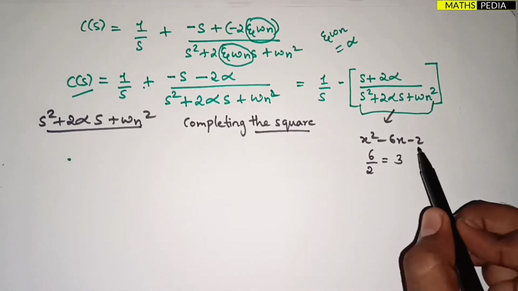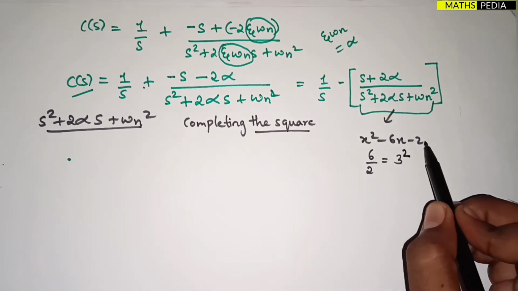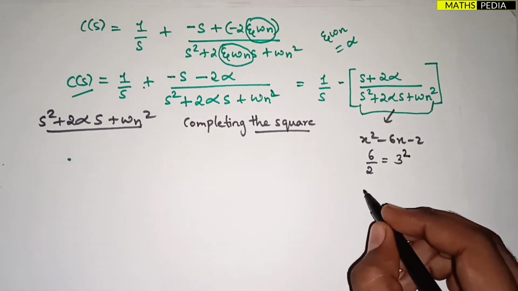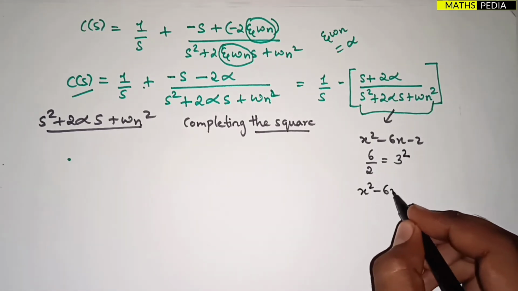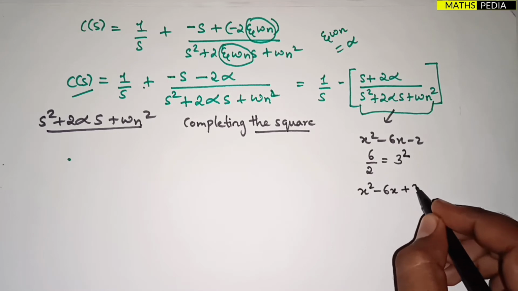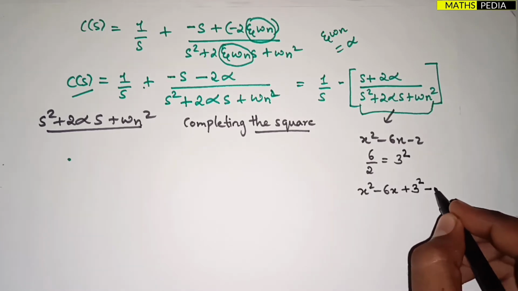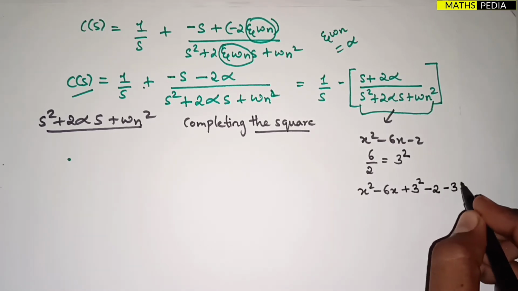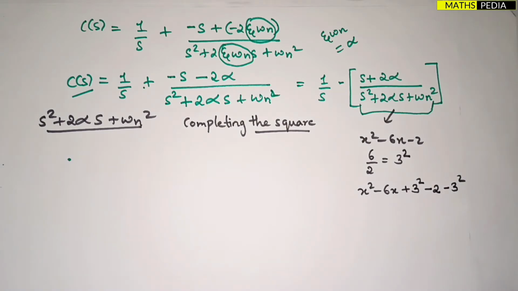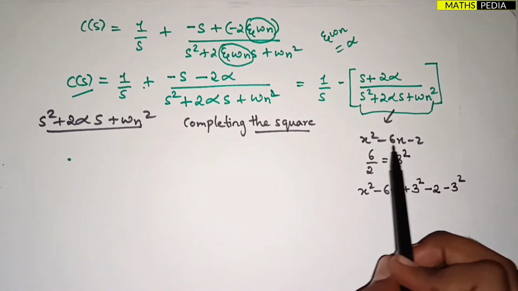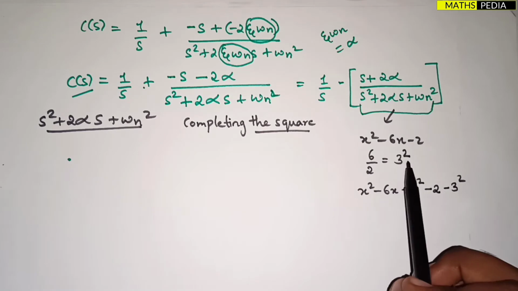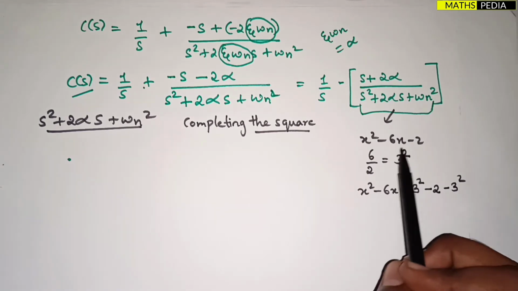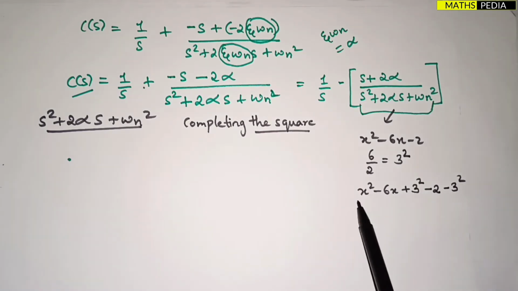This 3 you need to square and add to the whole term. So it becomes x square minus 6x plus 3 square minus 2. Then I need to subtract that 3 square. Simple. I'll repeat again. The middle term you have to divide by 2, take the square of that answer, and add it to this term.